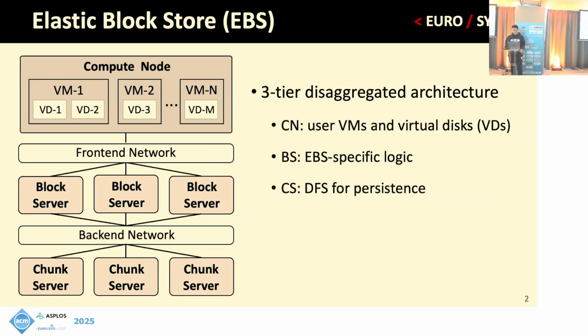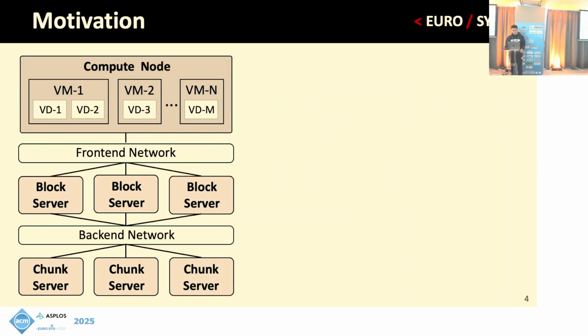So in the EBS, when a virtual disk issues an I/O request, it first goes to the block server. And then the block server generates 3 replicas of the data and sends them to the corresponding chunk server. Along this EBS I/O path, we have deployed layers of load balancing and caching to handle the skewed user traffic. In the guest OS, we have the native page cache.